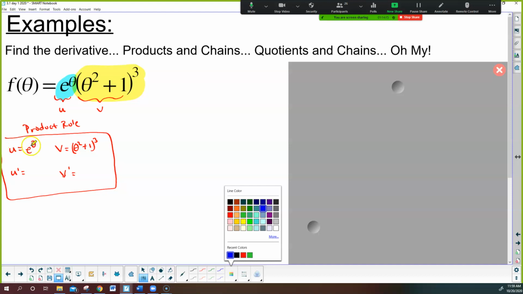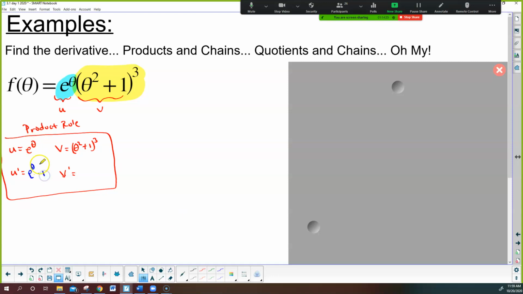So we're taking the derivative of u, nothing special, right? This is e to the theta. So the derivative of e to the theta is itself. And I'm thinking, is there a chain rule here? Well, since this is just like an x, the derivative of x would be timesing by 1. But that 1 doesn't help us, so that's why we don't write it.